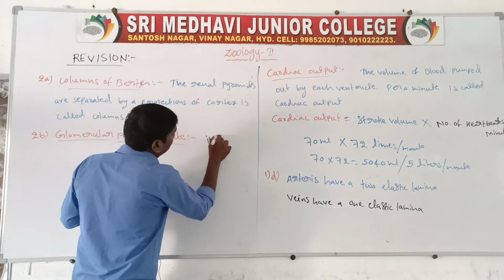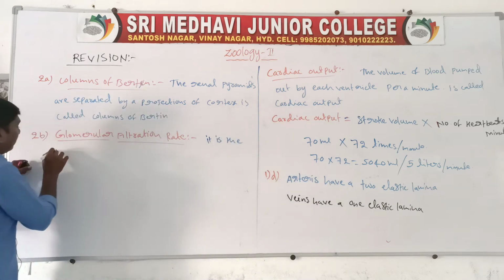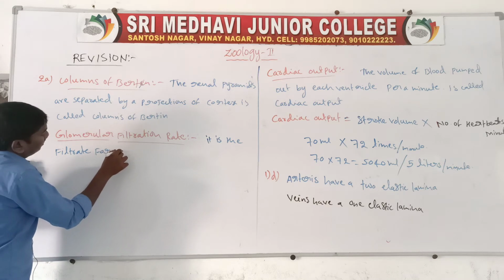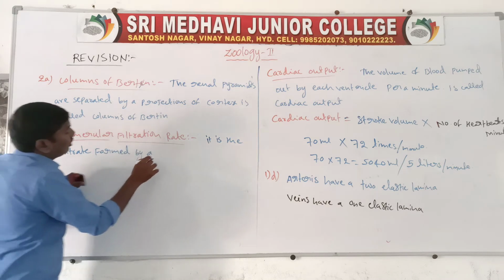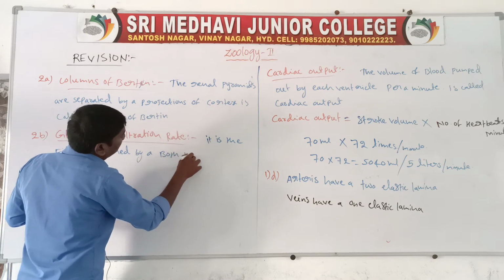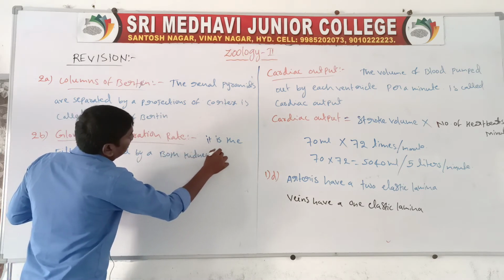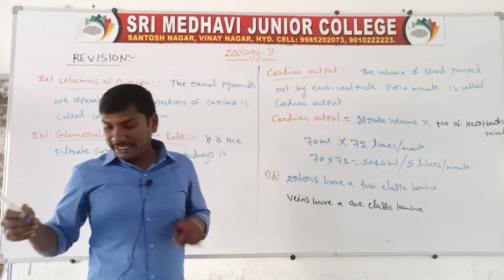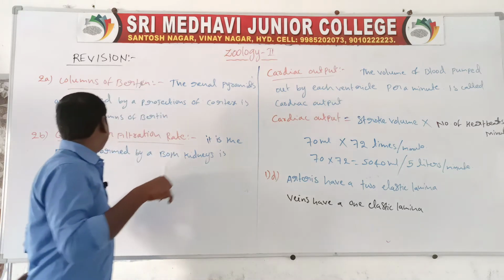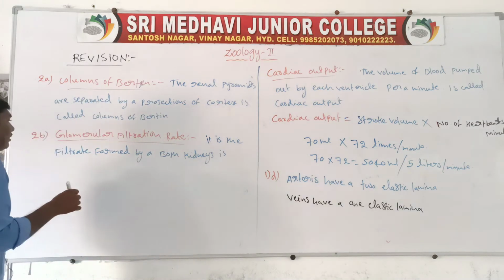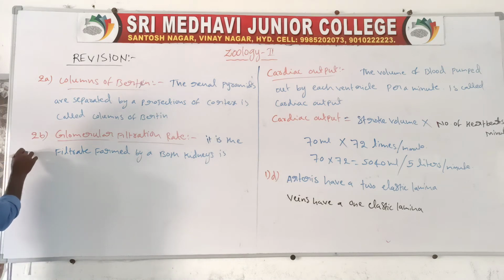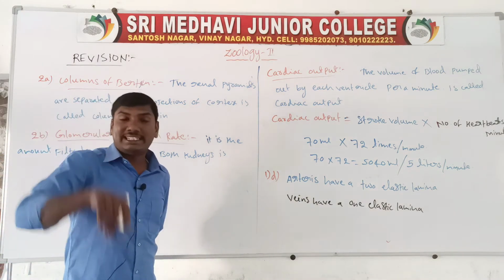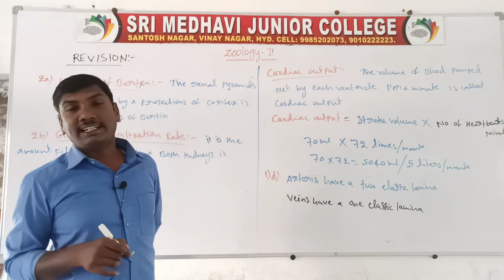It is the amount of filtrate formed by both kidneys, and it is called the glomerular filtration rate.